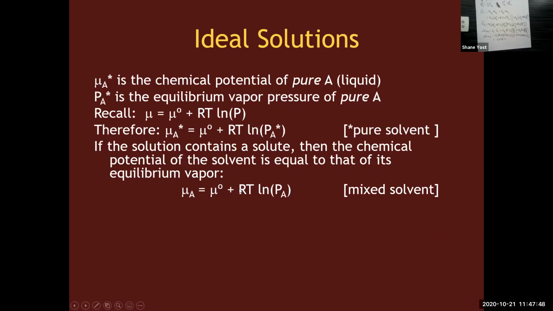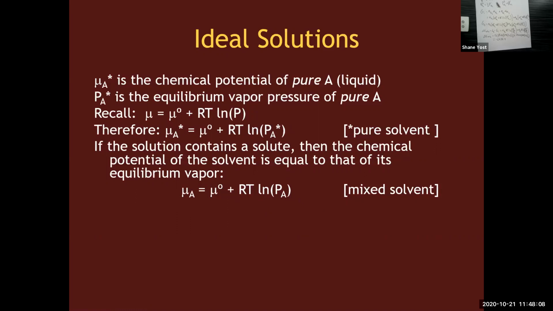It's just that now the vapor pressure of the liquid is different from the pure solvent vapor pressure. So the only thing that changes for the chemical potential of the liquid is the fact that its vapor pressure changes.